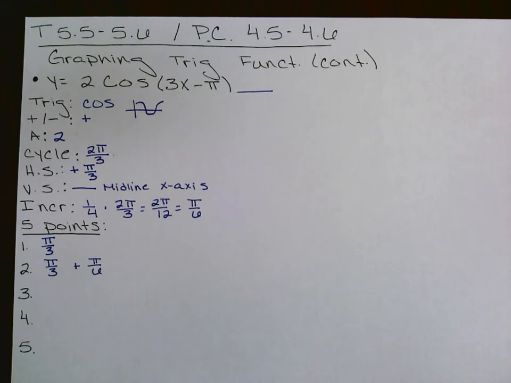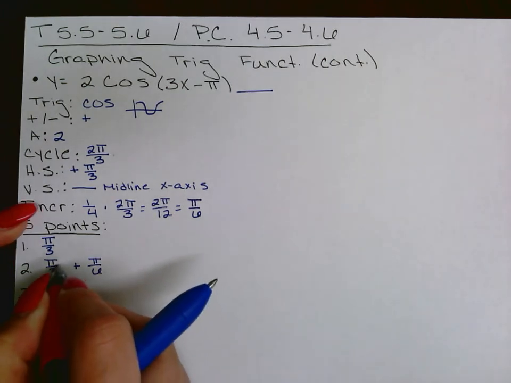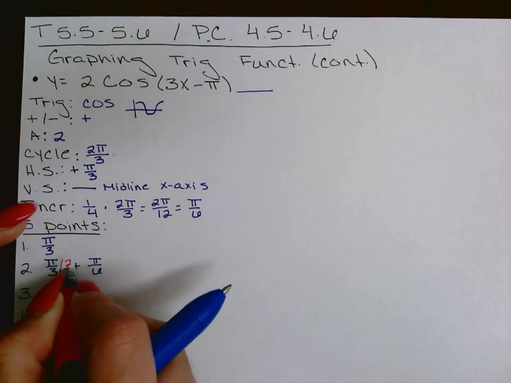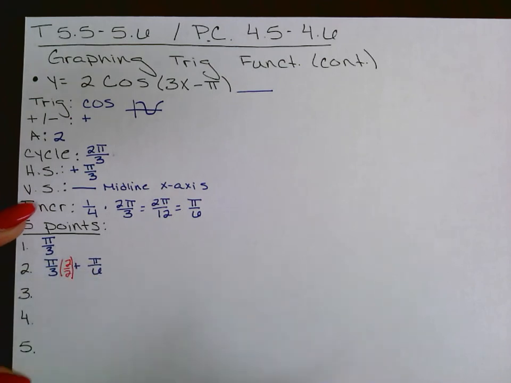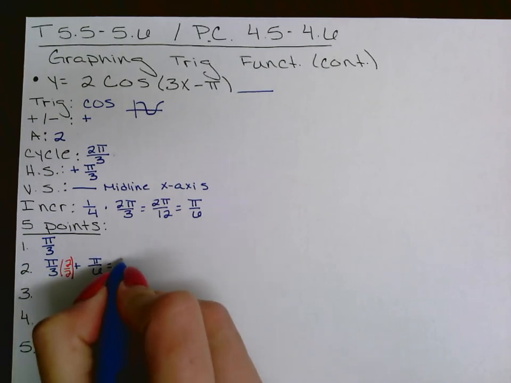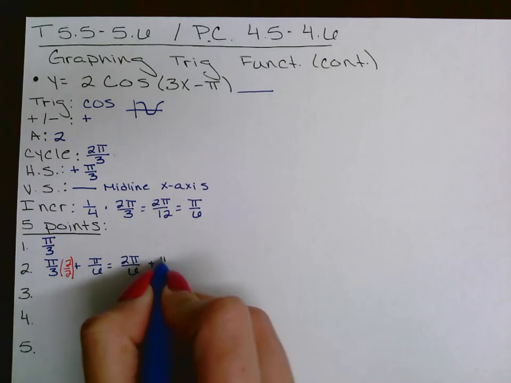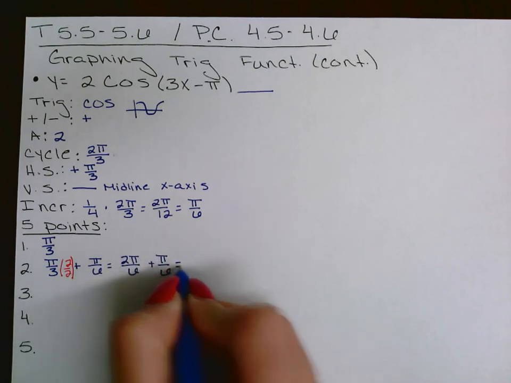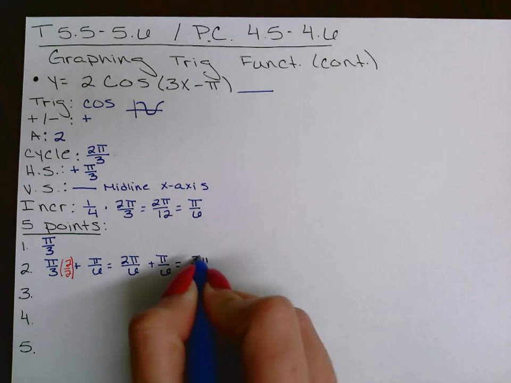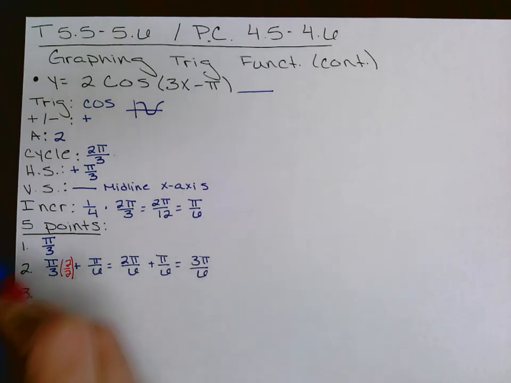Now, in order to add these, I am going to need a common denominator, which means I'm going to have to multiply the first one by 2 over 2. So now we have 2 pi over 6 plus pi over 6. This gives me 3 pi over 6.